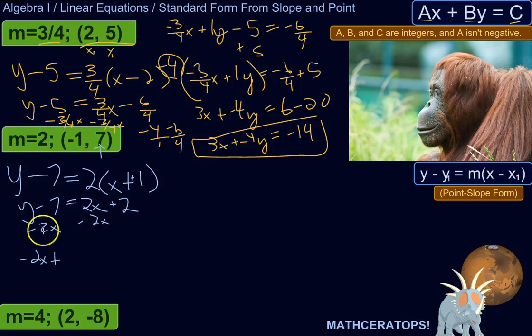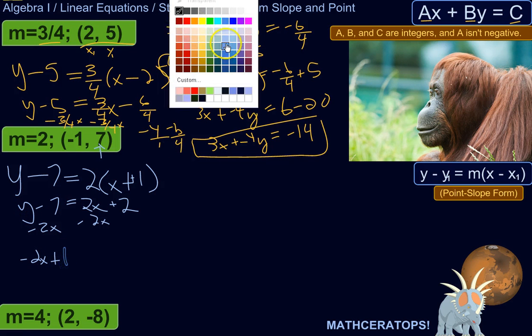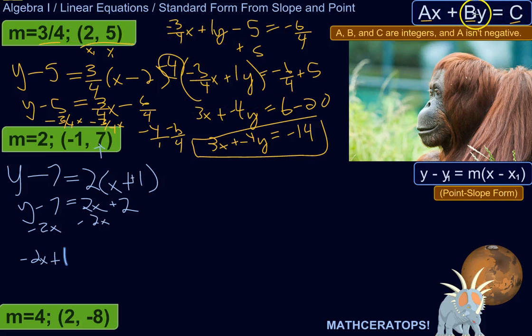I could have done y minus 2x minus 7, or y minus 7 minus 2x. I just want to put this in an order that looks more like this. So negative 2x plus, and I'm going to call that 1y, just to start making it look like this. So minus 2x plus 1y minus 7.